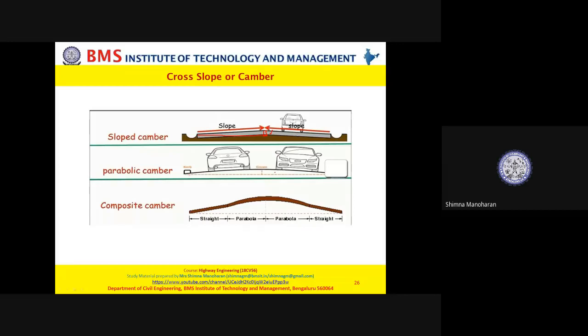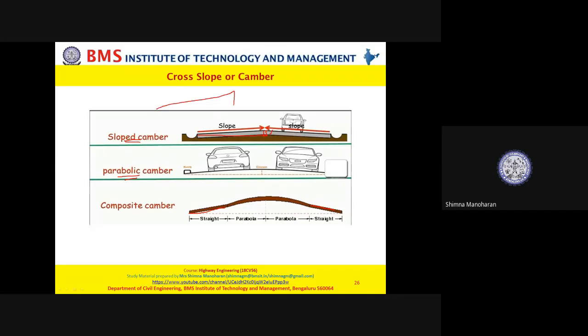This point is known as the crown. This height from the level surface is the crown. Then for a parabolic camber, the line will follow the equation for a parabola. And for a composite camber, you have a straight line, then a parabola, and then again a straight line. For sloped camber, it will be a straight camber, so you will be using the equation for a straight line.